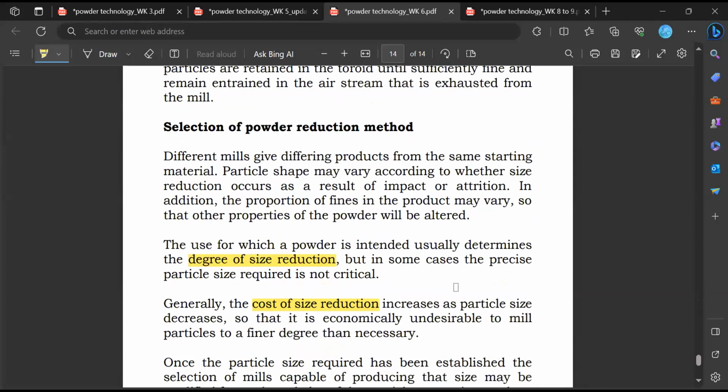When you want to select a method, you have to see the degree of size reduction and the cost of size reduction. It's usually the smaller the size that you want, the higher the cost of the equipment.